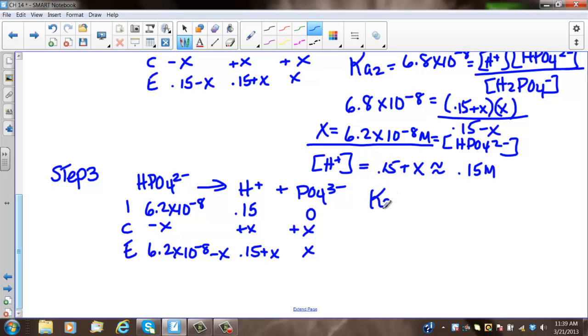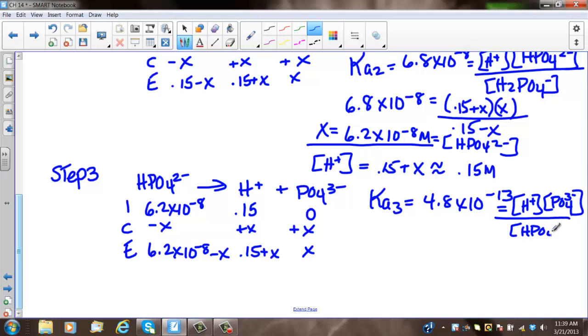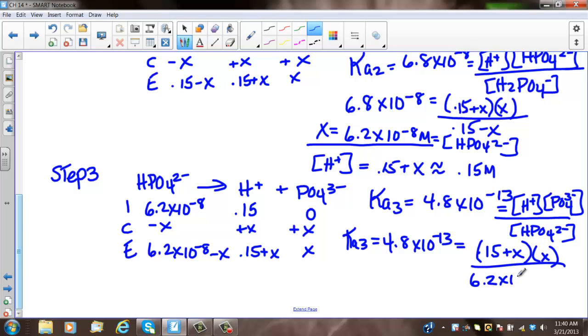My Ka3 is equal to 4.8 times 10 to the negative 13th, extremely small, and that's going to be equal to the H plus concentration times the PO4 3 minus concentration over the HPO4 2 minus concentration. So my Ka3 equals 4.8 times 10 to the negative 13th equal to 0.15 plus x times x over 6.2 times 10 to the negative 8th minus x.